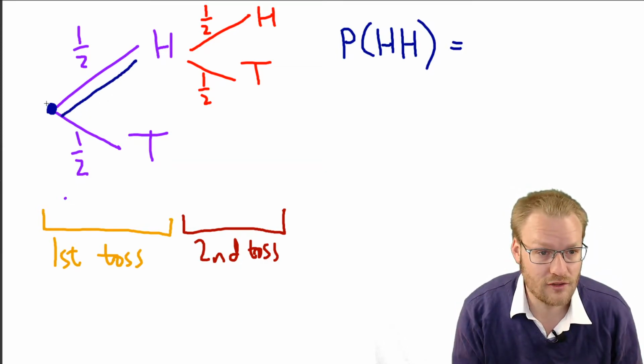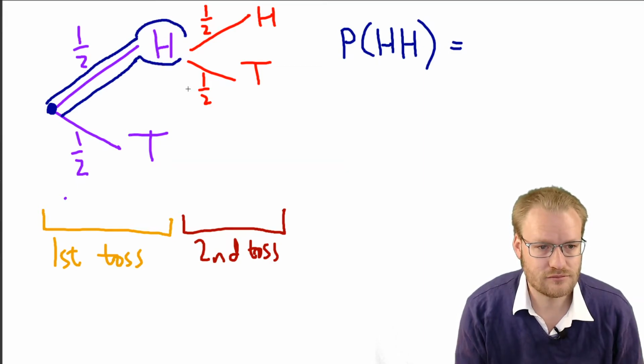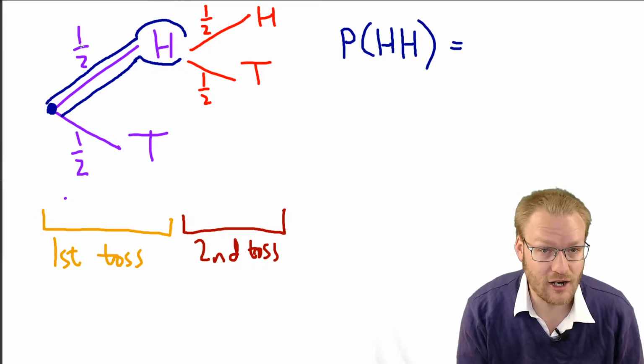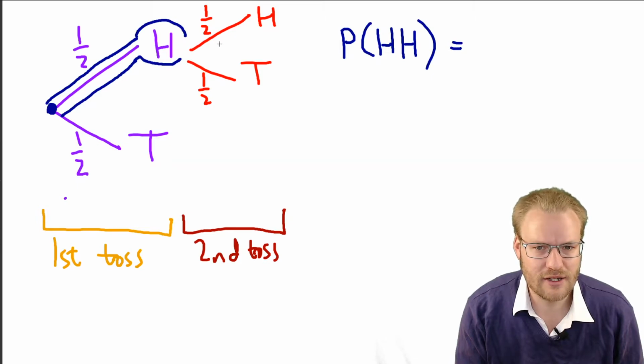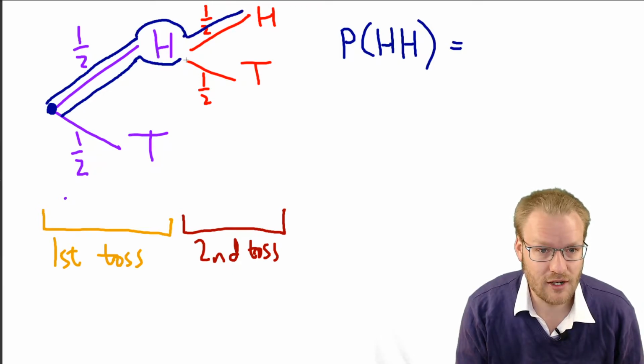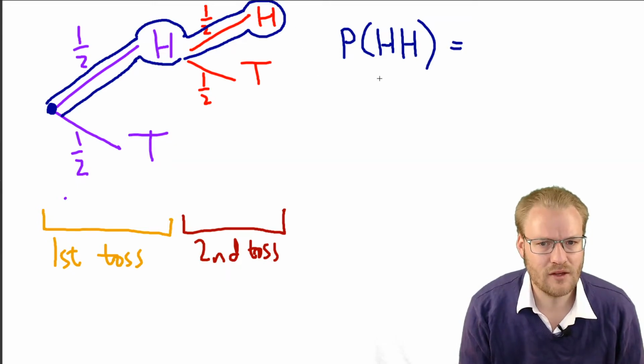Well, we must go along this path to get us to tossing a head. So it must be a half as our starting point. Then our second option is to get a head. So let's go along this path. So we must go along here to get a head.